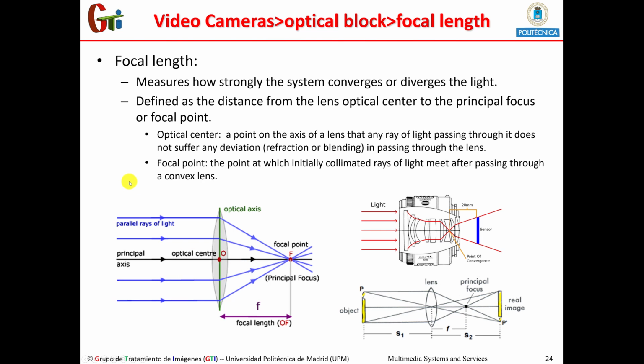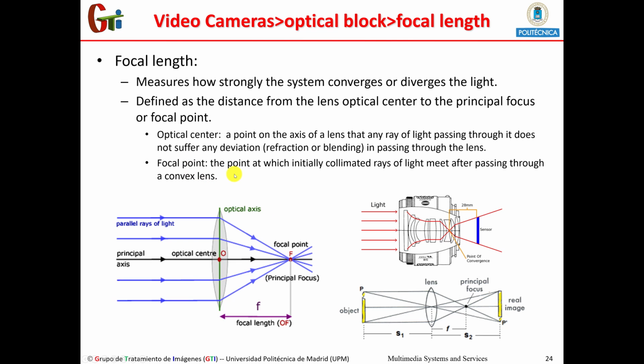There can be also other rays, not straightforward, but with some kind of inclination. But the point is that any ray that passes through this optical center does not deviate from its initial trajectory, unlike these others that are bent in order, as I will see later, to focus all the different rays coming from the same object to the same point to produce a sharp image.